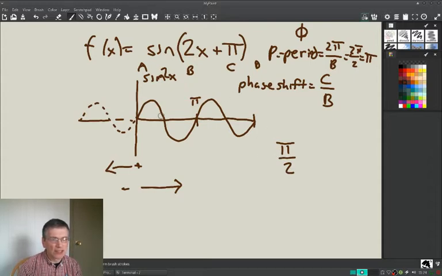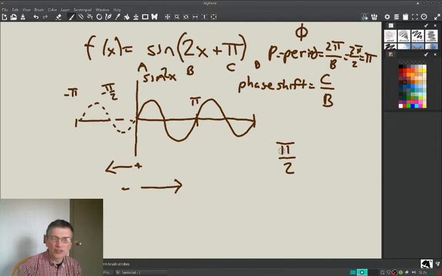And it's positive. So this gets pushed back this way, pi over 2 units. So this is pi over 2. Let's see, this is going to be minus pi. We want it shifted over minus pi over 2.